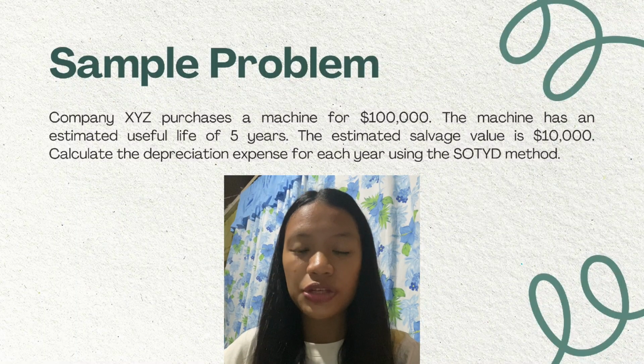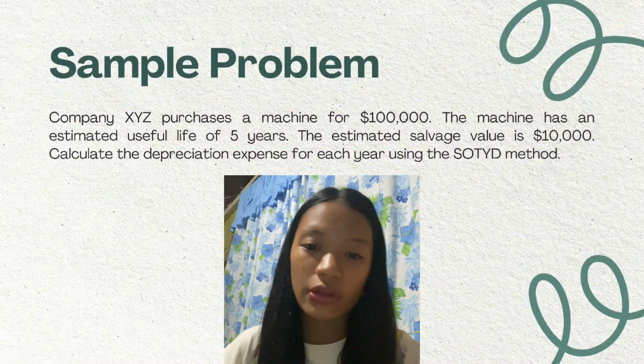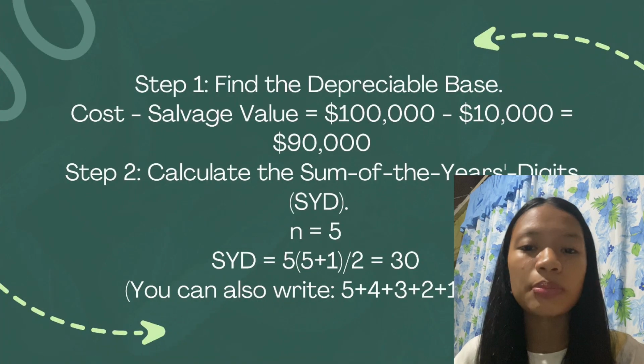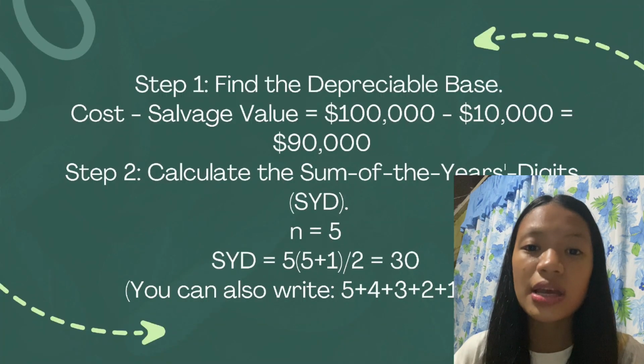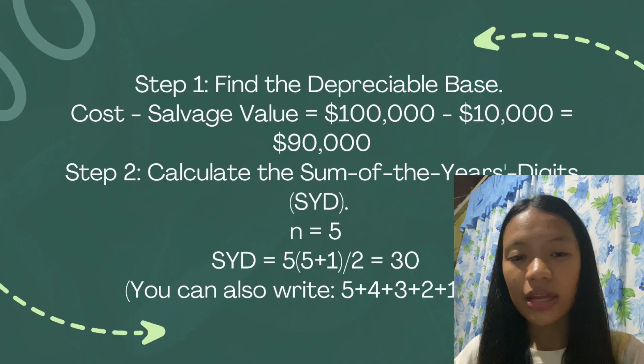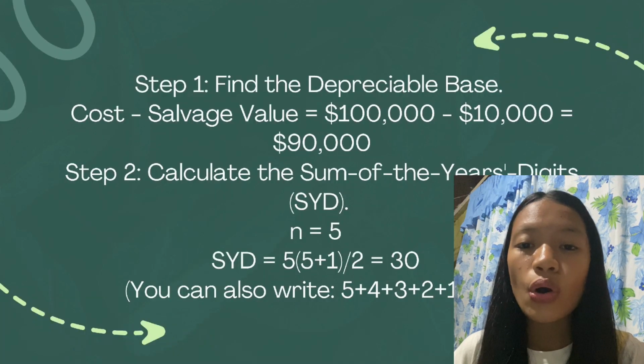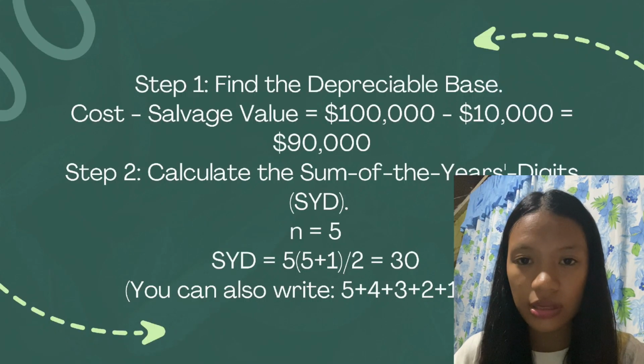Calculate the depreciation expense for each year using the SOYD method. So first, we calculate the depreciable base, which is 100,000 minus 10,000. It gives us 90,000. This is the total amount we will depreciate over the 5 years.